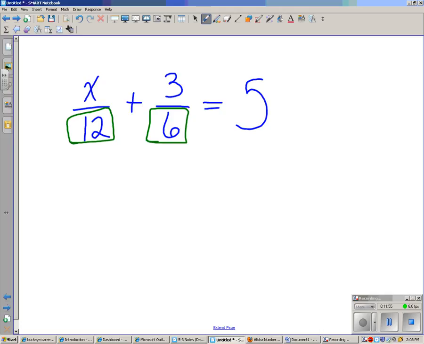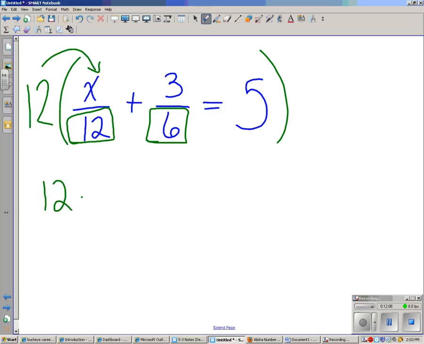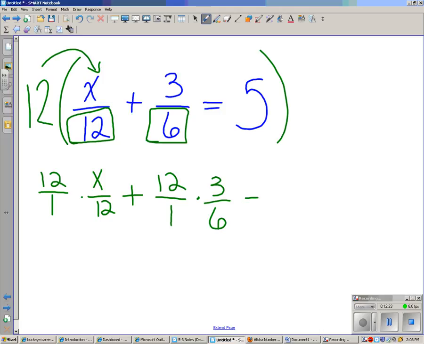So let's do that. Here we go. I have 12 times, or if you want to, you can put it in a fraction form right away, 12 over 1, since you know there's a fraction here, times x over 12, plus 12 over 1 times 3 over 6 equals 5.